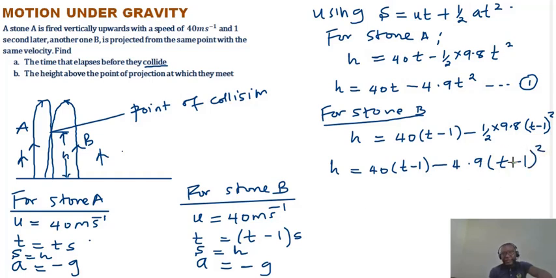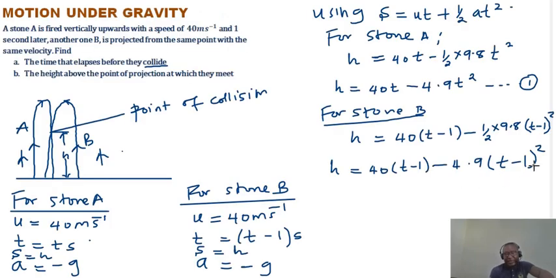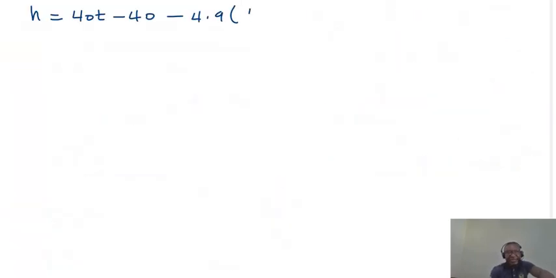Opening this bracket, further simplifying, we have h is equal to 40t minus 40 minus 4.9 into bracket. We need to expand this bracket here. That is t squared minus 2t plus 1.